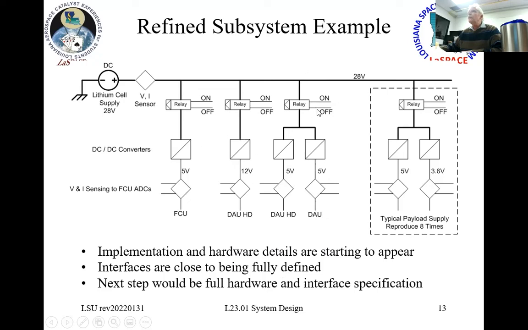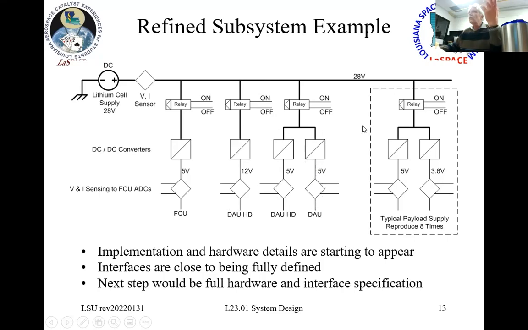So we'll run the 5 volts on one relay and the 12 volts on another relay in here. Just because you identify something at one level of your subsystem, it doesn't mean that you have to keep to that. You need to make your design logical.